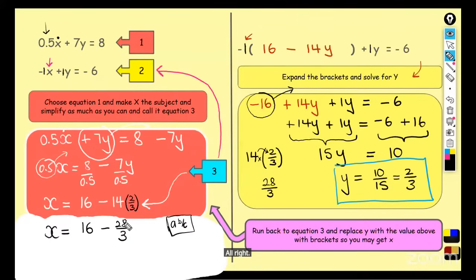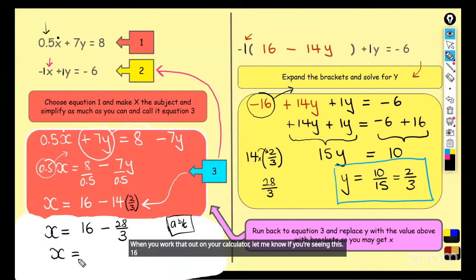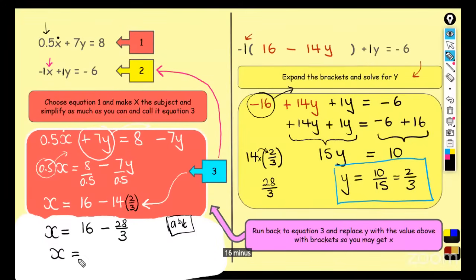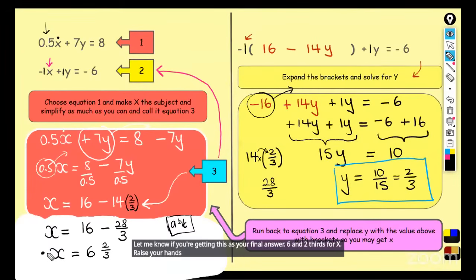When you work that out on your calculator, let me know if you're getting this as your final answer: 6 and 2/3 for x. Raise your hands if you're seeing that on your calculator.